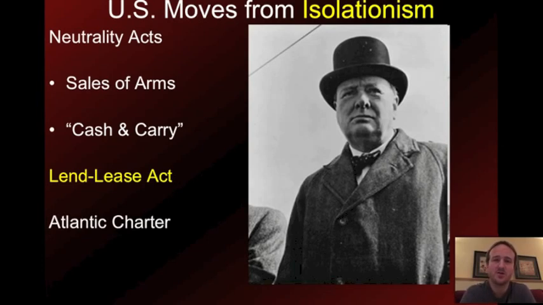The man on the right of your screen there is Winston Churchill, the Prime Minister of Britain in 1941. He and Roosevelt get together and they basically talk about how the United States will do whatever it can to help Great Britain while World War II is happening, except go to war.